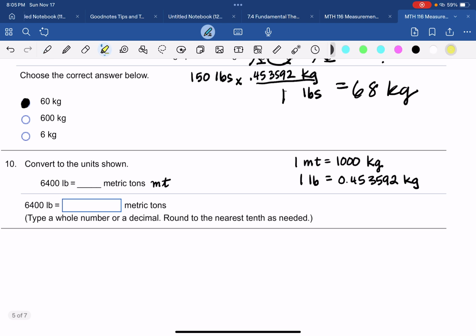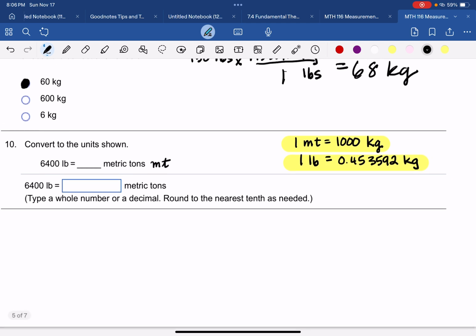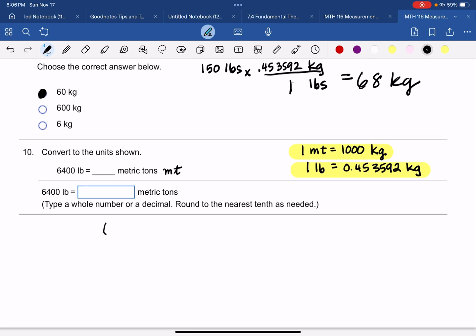So a metric ton is 1,000 kilograms, and a pound is 0.453592 kilograms. So what we do is we write down what we want to start with, 6,400 pounds, and I've got to go from there to kilograms, and from kilograms to metric tons.